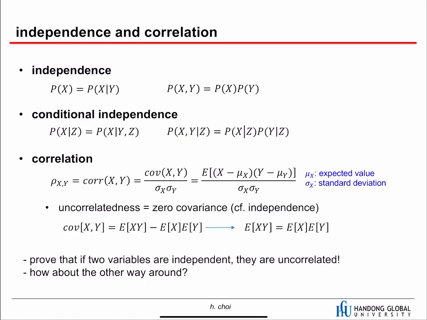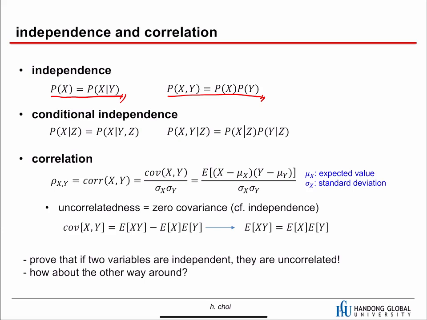So probabilistically, random variables x and y are independent if P of x is the same as P of x given y. And this one is the same as this one. You can prove that by yourself.